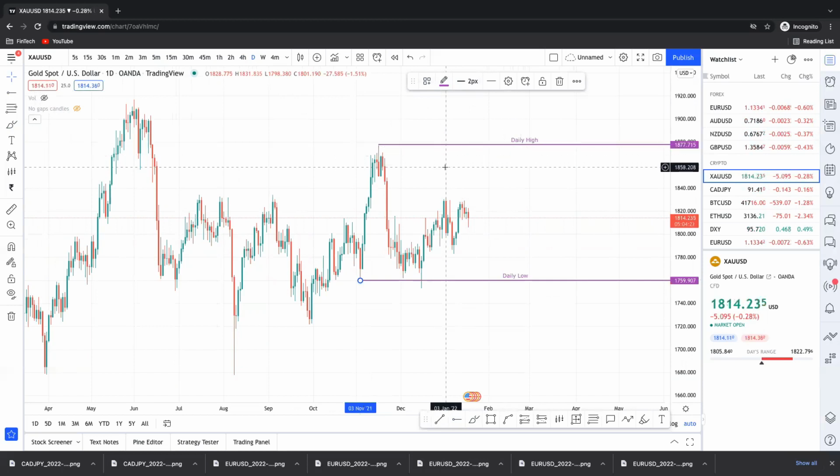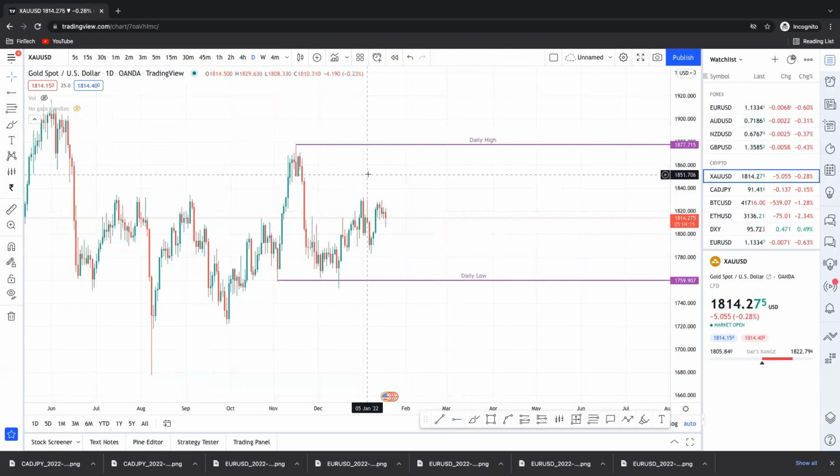Right, so this is a multi-time frame analysis based on the smart money concept. This higher time frame we trade for directional bias, so we know where we are in the market.